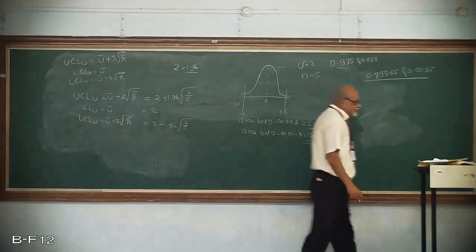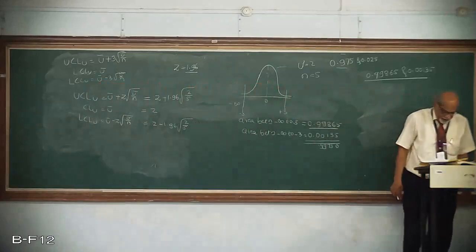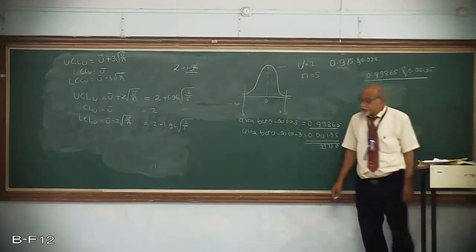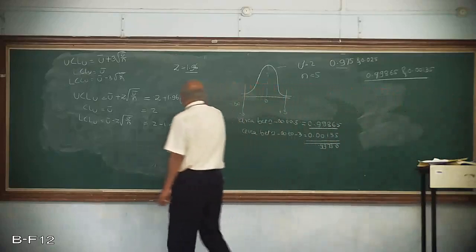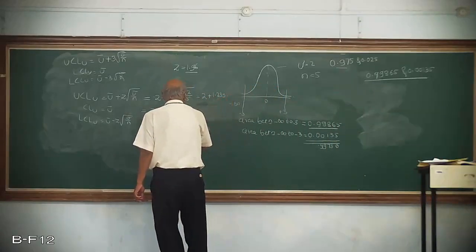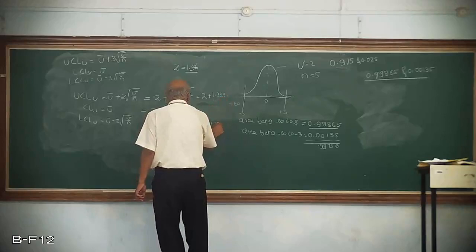Okay. This value works out to be 2 plus 1.239, and this is 2 minus 1.239.